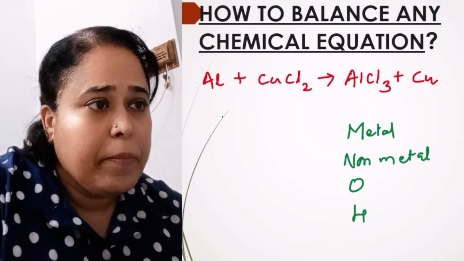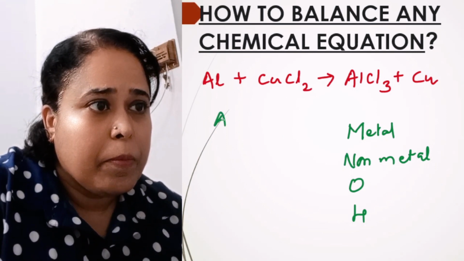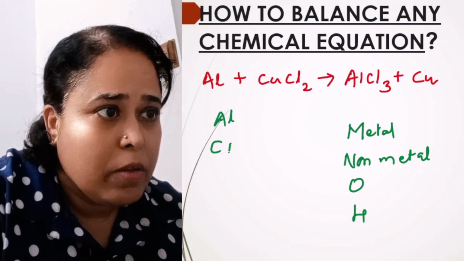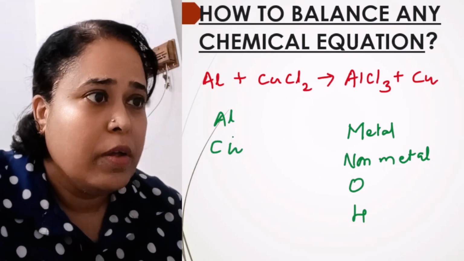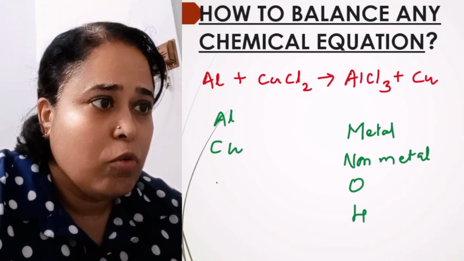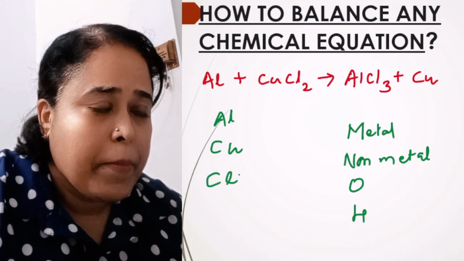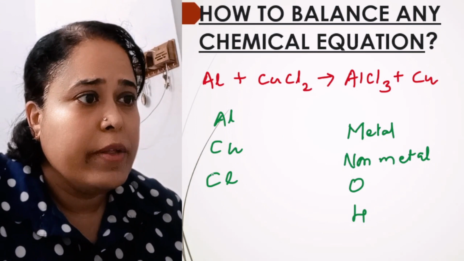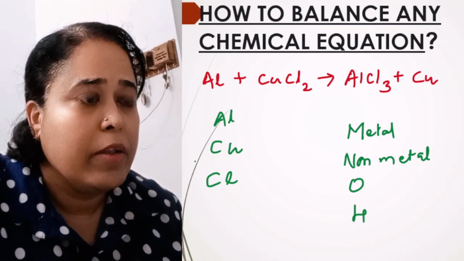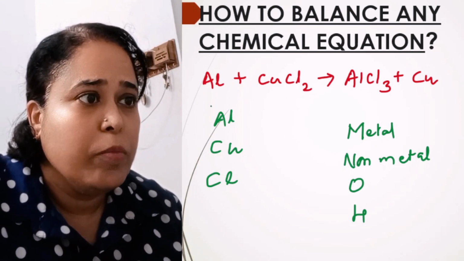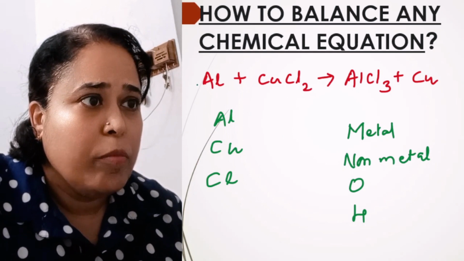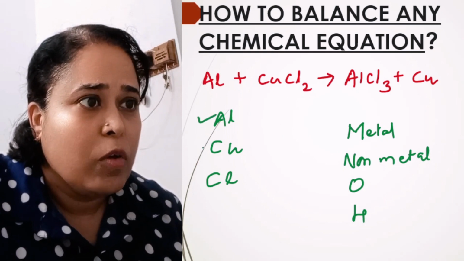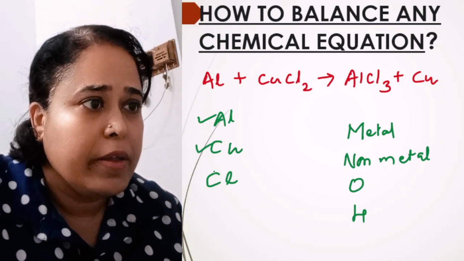Now let's try to balance this chemical equation applying this trick. So aluminium comes first. Copper is also a metal, so you can take them in any order. Both are metals. Then comes the non-metal. Then only three are there. So let's check whether they are balanced or not. Let's start with aluminium. Aluminium is the same on both sides, balanced. Copper balanced on both sides.